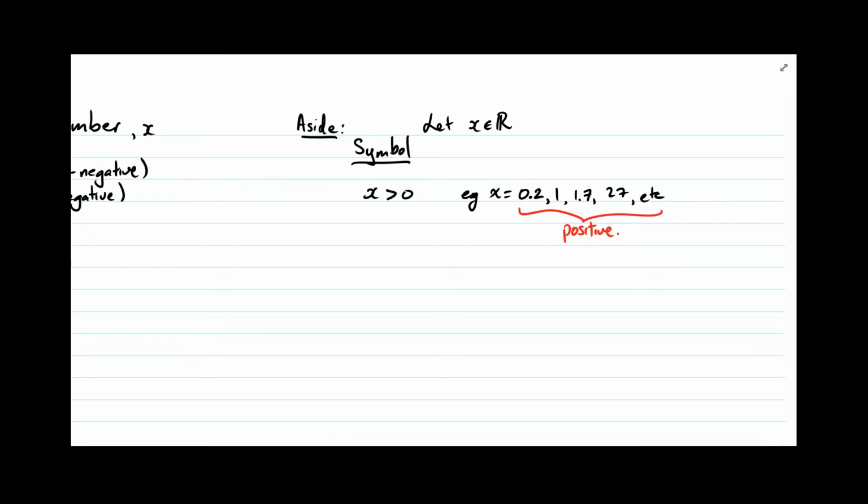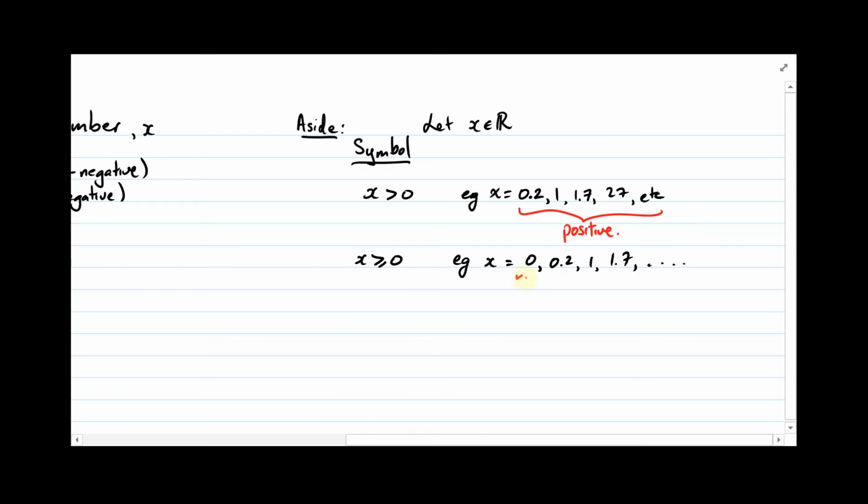However, if I look at the greater than or equal to sign, then possible values of x are 0 or, as I listed above, 0.2, 1, and whatever else you felt like.